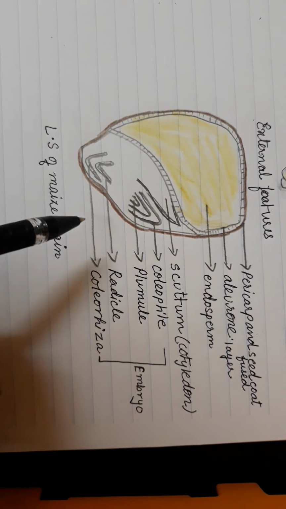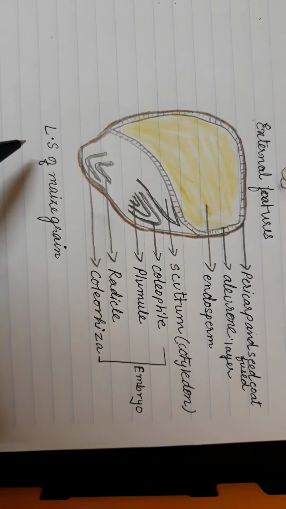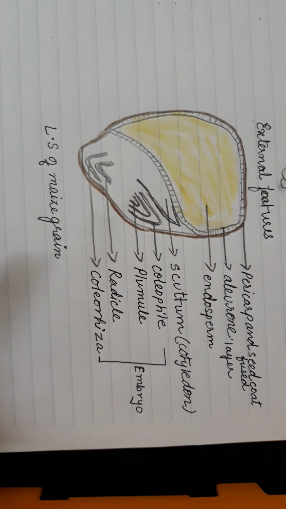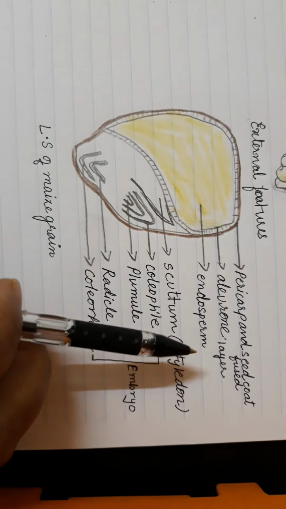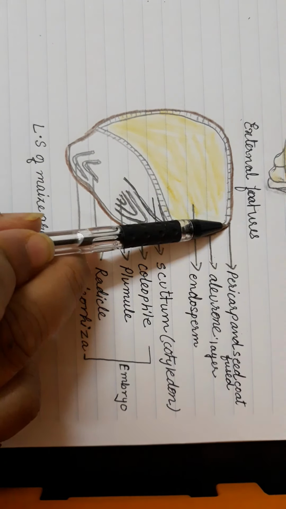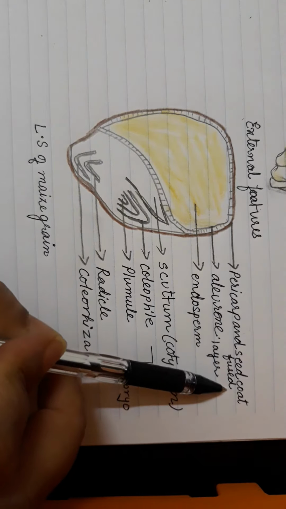This is the LS, the longitudinal section of the maize grain. Here you see the outermost layer is the pericarp and seed coat fused.